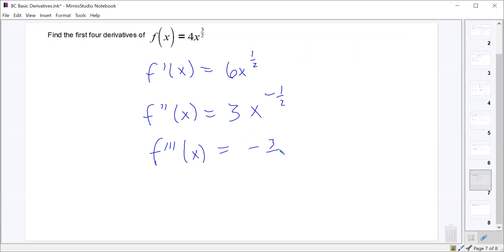That one should be negative 3/2 x to the negative 3/2. And for a fourth derivative and all after 3, we just put the number in parentheses: 9/4 x to the negative 5/2. Everybody good? Our basic derivatives we're all okay with.